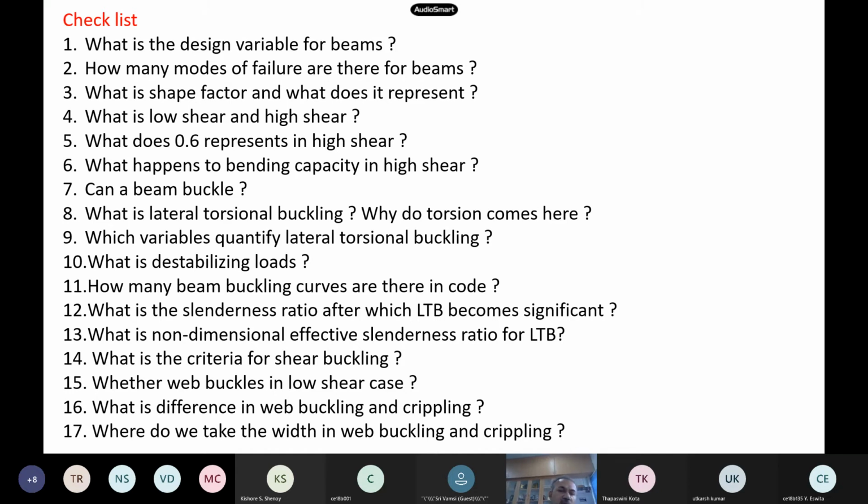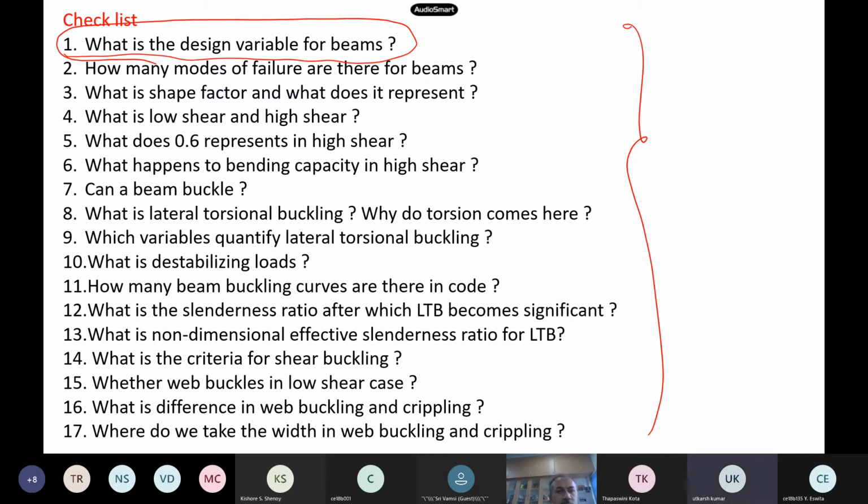Okay, so before we go to the next one, this is a checklist. Tell me, what's the first thing? What's the most important design variable for beams? Section modulus. Excellent. But what section modulus, plastic or elastic?